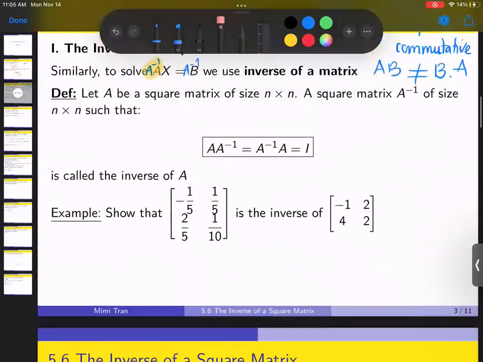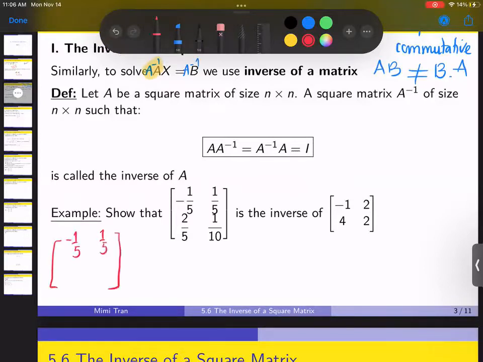All right, let's check. I want to show that this matrix right here is the inverse of this matrix. One way to check is to use the definition. If you multiply them and they turn out to be the identity matrix, then yes, they are inverses of one another. So let's check by multiplying them.